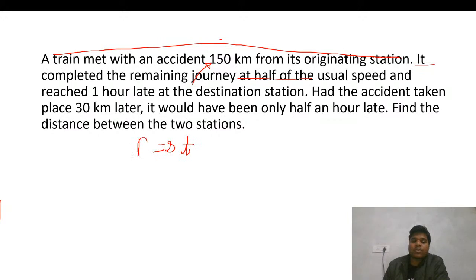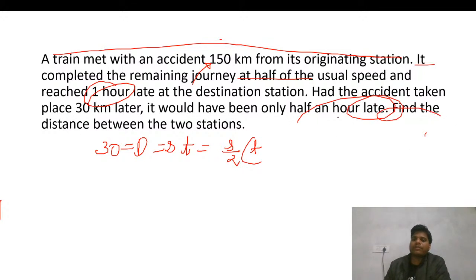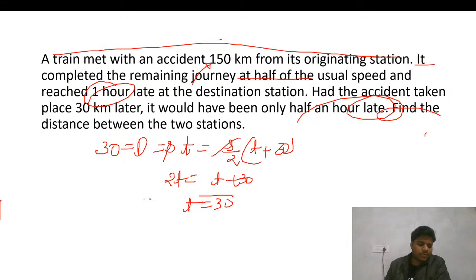We are now talking about only 30 kilometers. When the speed becomes half, the time becomes 1 hour late, here half an hour late. So the time difference is 30 minutes. So s gets cancelled, 2t equals t plus 30 minutes, so t equals 30 minutes.